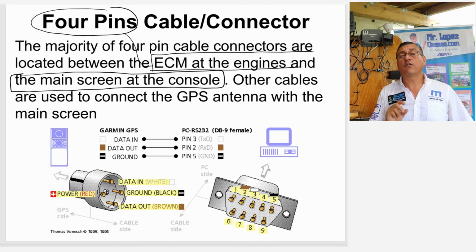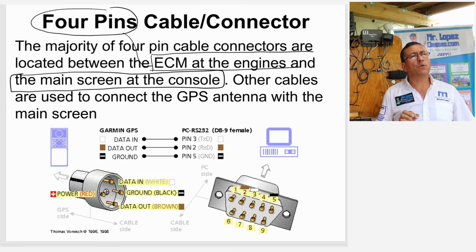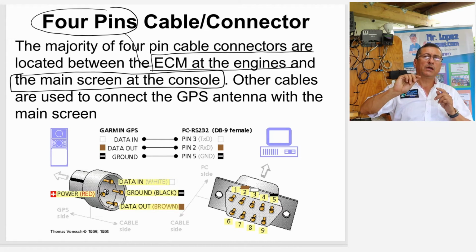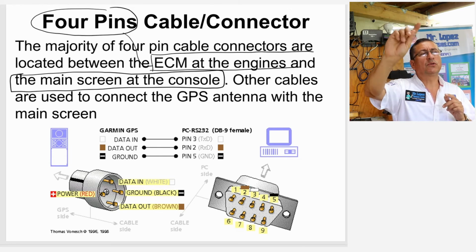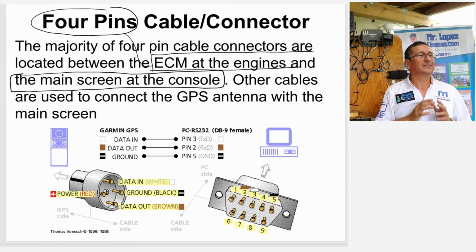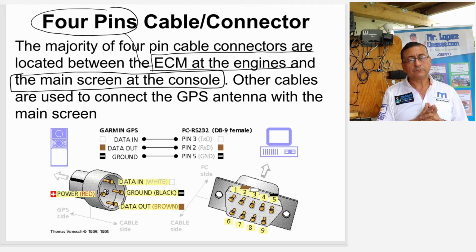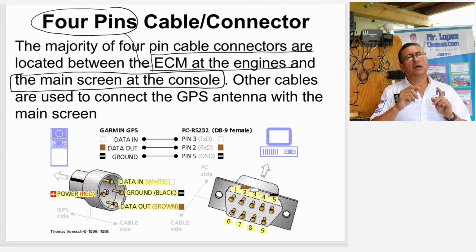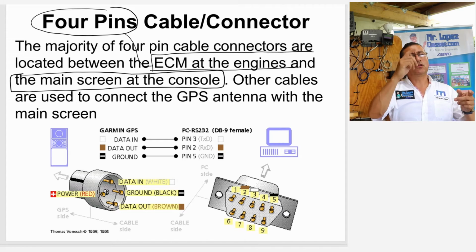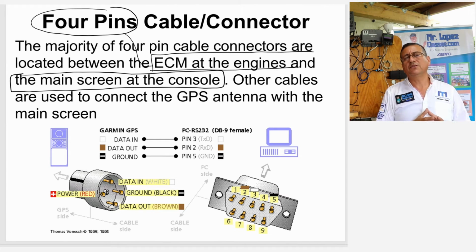The cable for data, the blue and the white one, is for sending information, and the other one to return the feedback. It's exactly the same as the AC power. You remember the hot and the neutral. One is the output and the other one is the input. The return is similar.